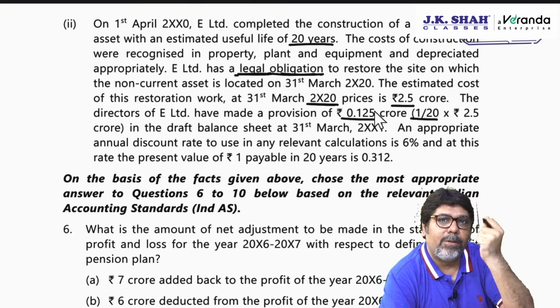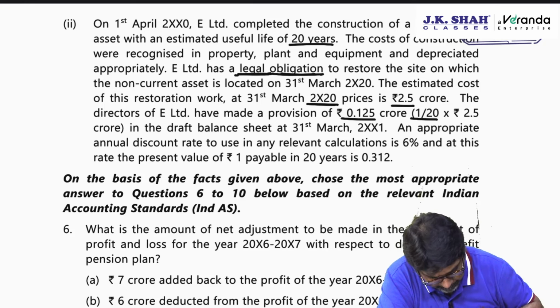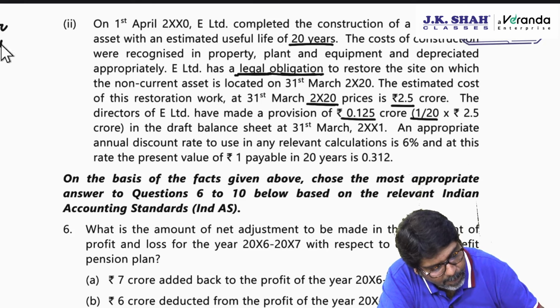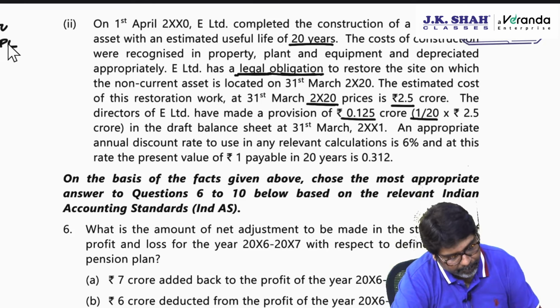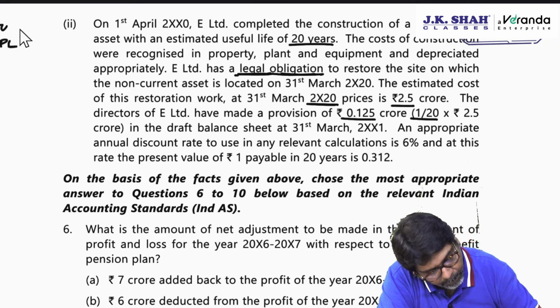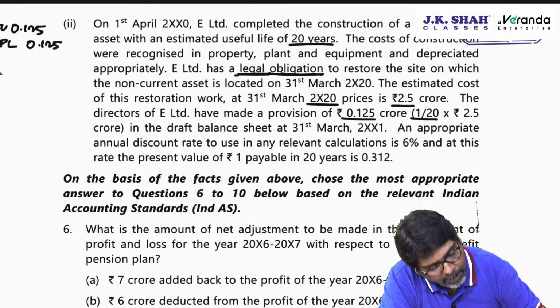They would have created it through P&L. So the rectified entry will be provision to PL, 0.125. Then, correct provision entry: PPE to provision.